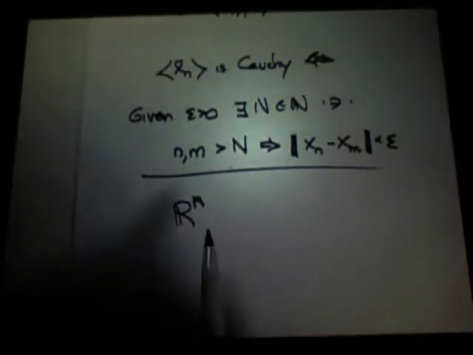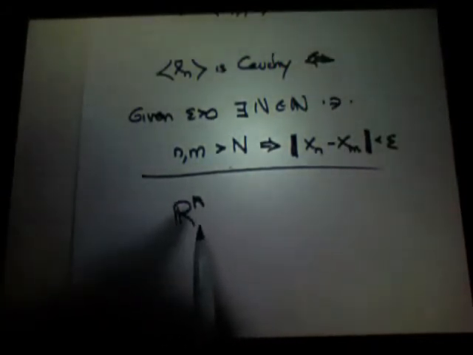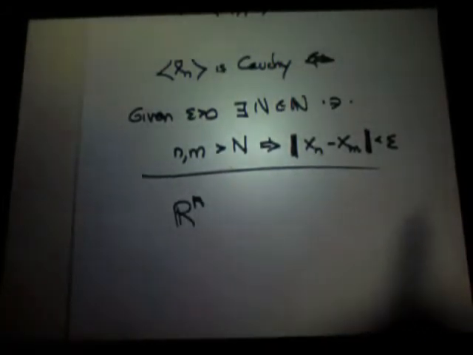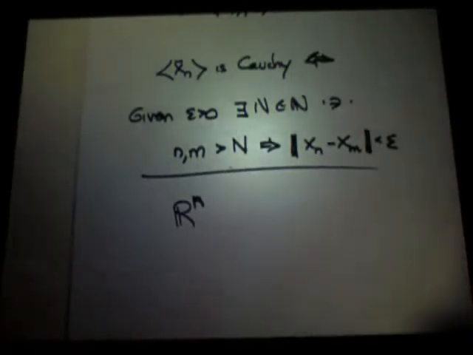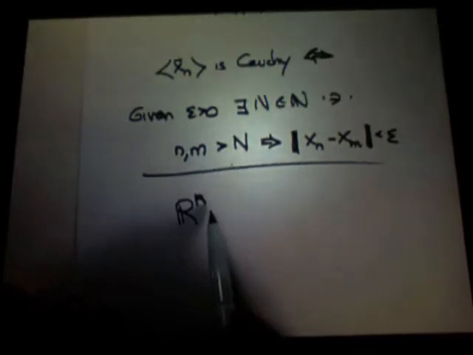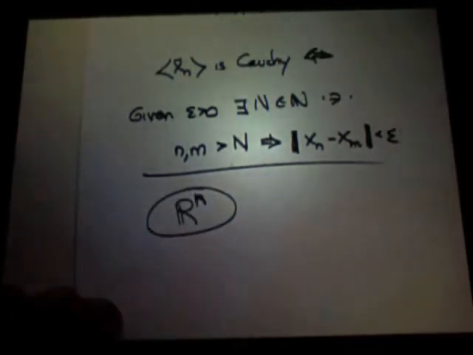So you have R squared, R cubed, right? The plane, space, 4-dimensional space, 5-dimensional space, umpteen-dimensional space. So you let that go in full generality, and you say the proper generalization is a Banach space.